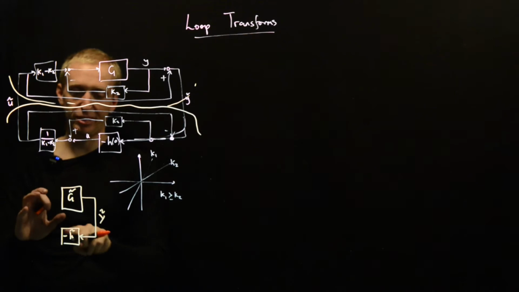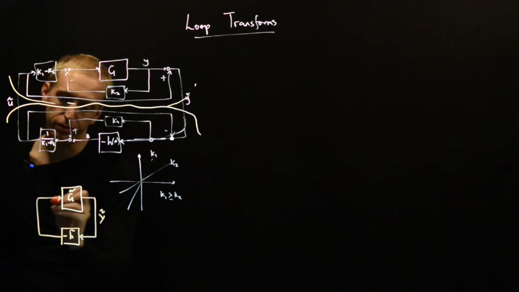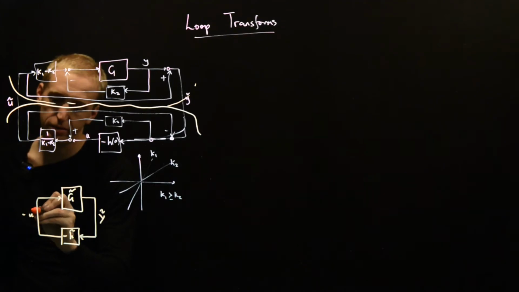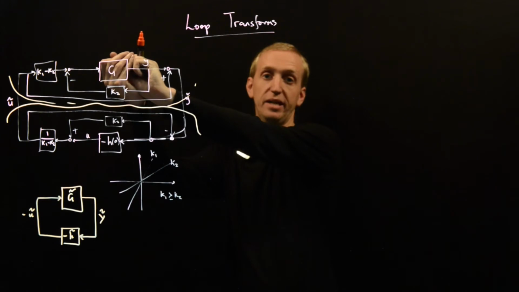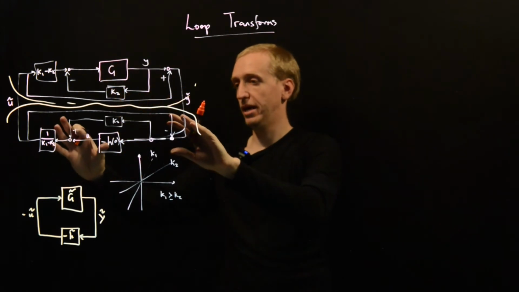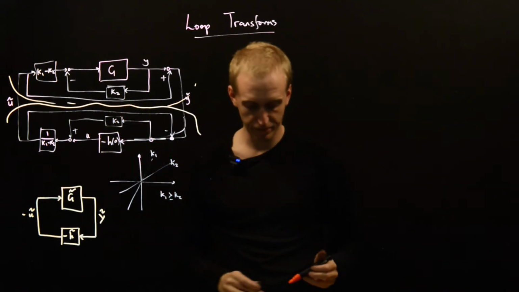This is the nonlinear bit, but I need this minus sign. So this signal here is actually minus U tilde. So G tilde is everything here lumped together into a single transfer function, and H tilde is everything here lumped together into a single nonlinearity.